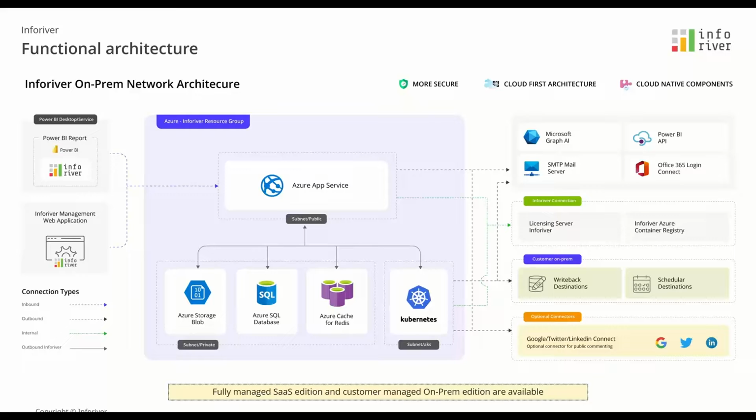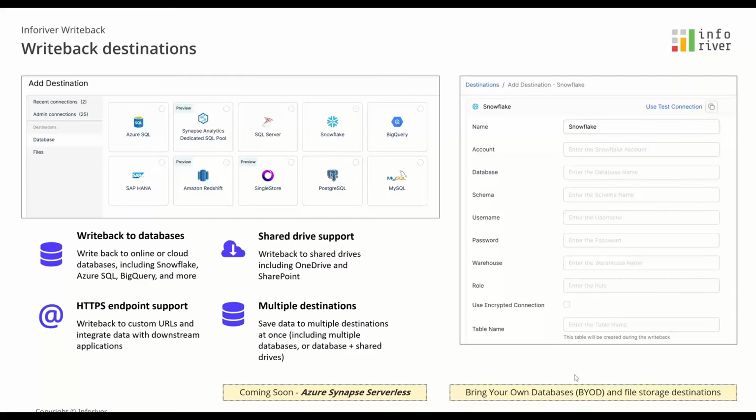It's not only a modern cloud-native architecture, which has less maintenance and higher ease of use from an overall administration, maintenance, and end-user perspective, but we also wanted to make sure we have the installation and deployment option available as well.